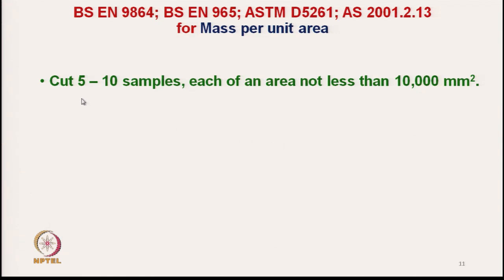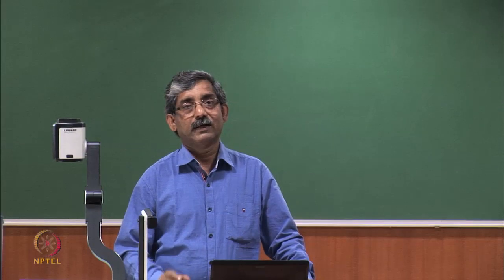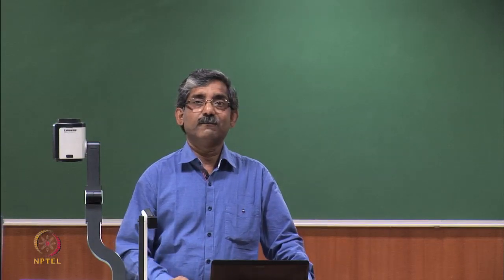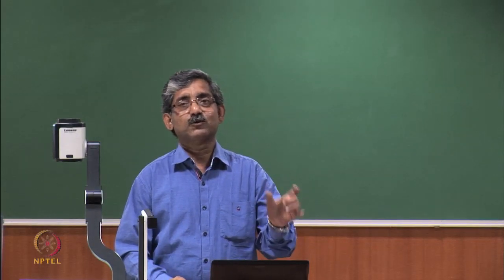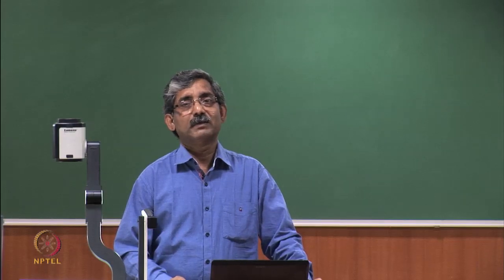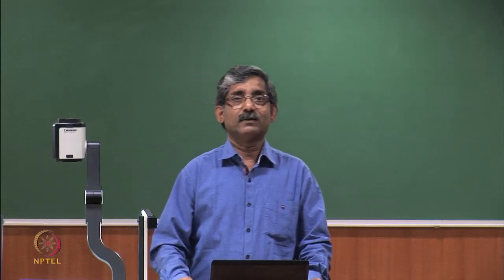So, here what we have to do is cut typically 5 to 10 samples, each having an area not less than 10,000 square millimeter. That means the minimum size should be 10 centimeter by 10 centimeter.